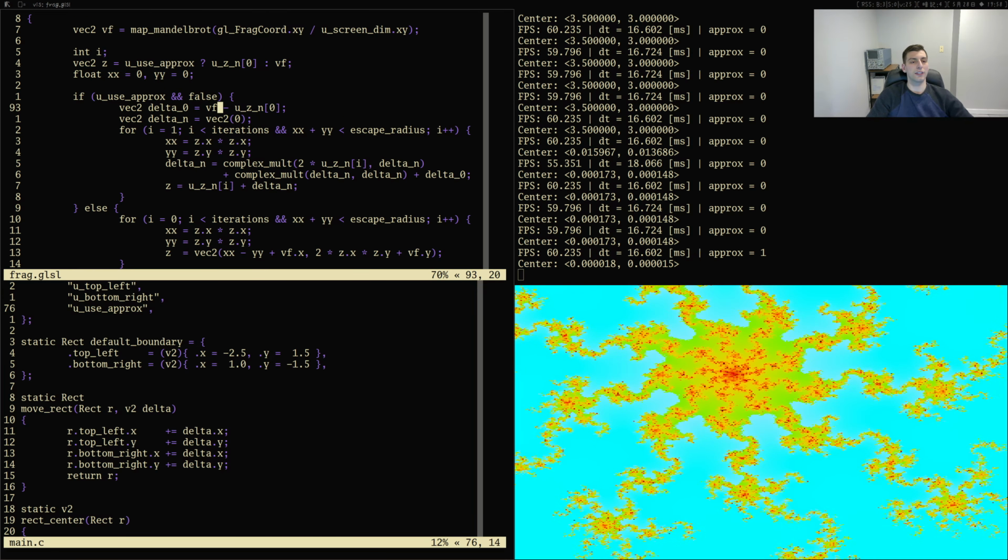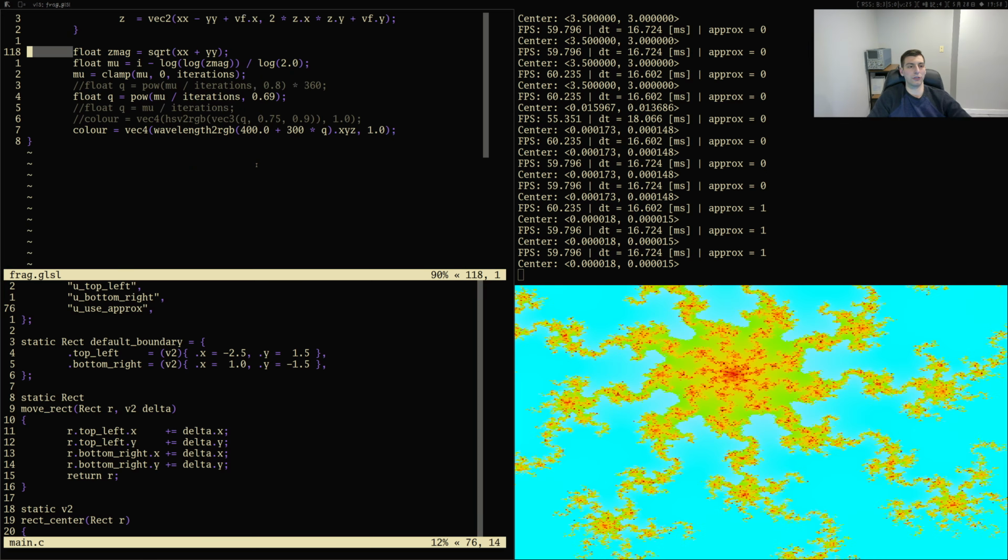So first of all, I need to do this. This was stupid. I don't want to do this square root anymore. I want to do 0.5 times this, and I also don't want to divide by log 2 to get the logarithm in base 2, because there's a log2 function.